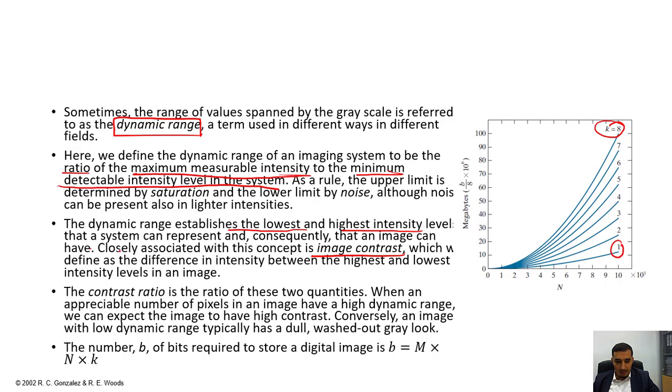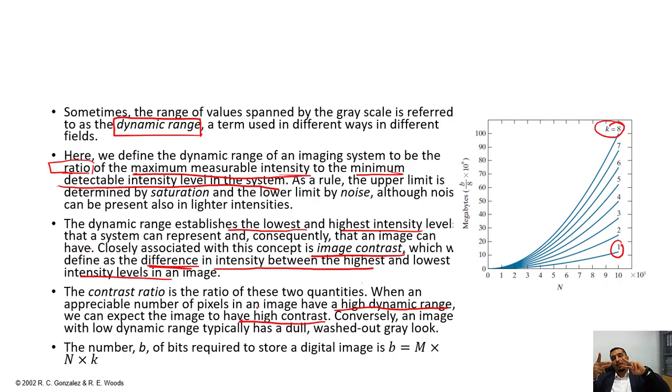Image contrast is defined as the difference in intensities between the highest and the lowest levels. Here it is difference, and here it is ratio. Ratio, division; difference, subtraction. The contrast ratio is the ratio of those two quantities. When an appreciable number of pixels in an image have high dynamic range, we can say it has high contrast.